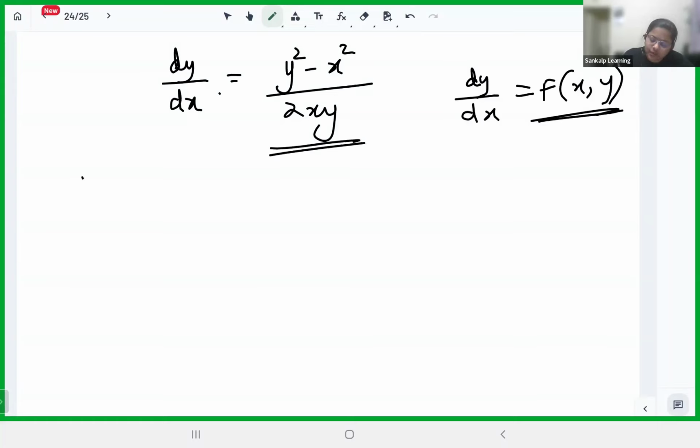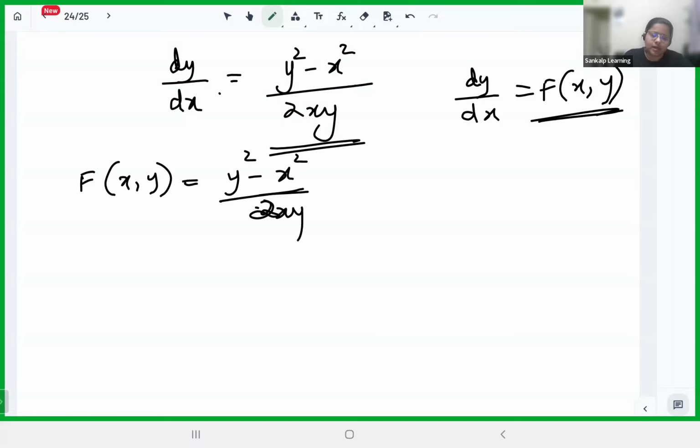So what is f of xy here? F of xy is equal to y square minus x square by 2xy, right? So how will you solve this type of equation?